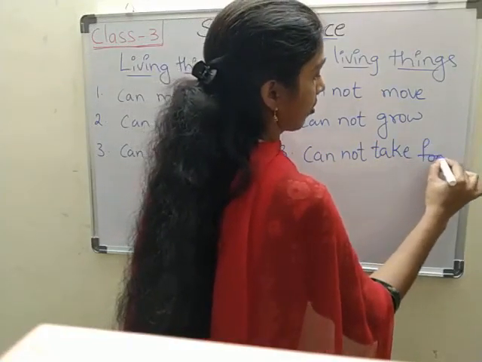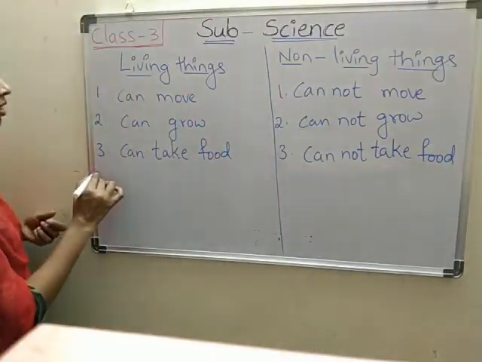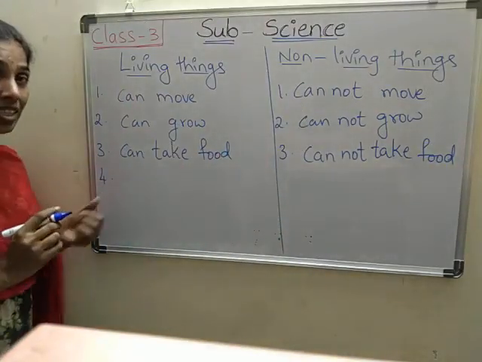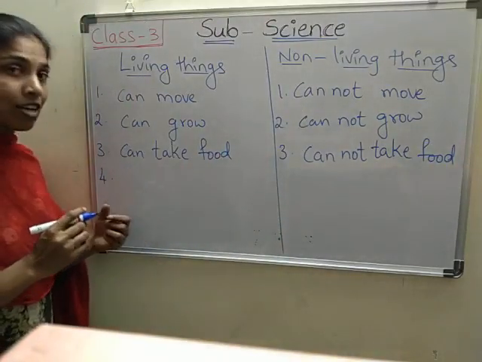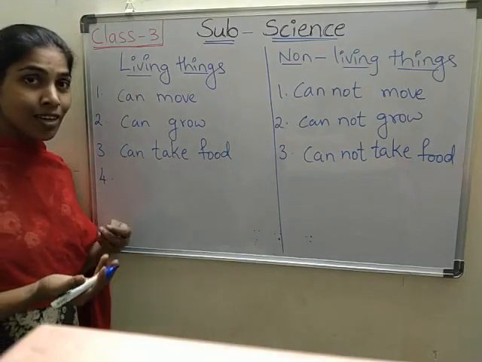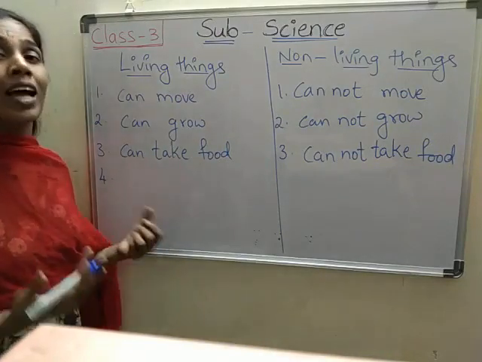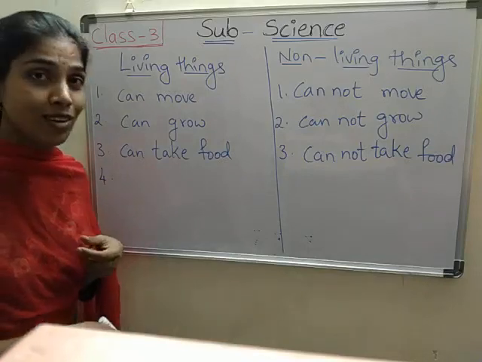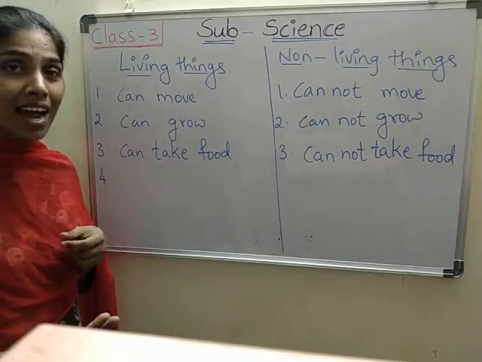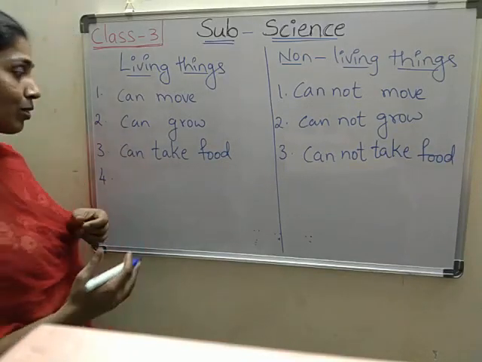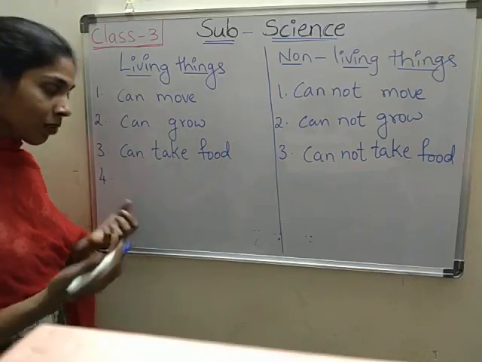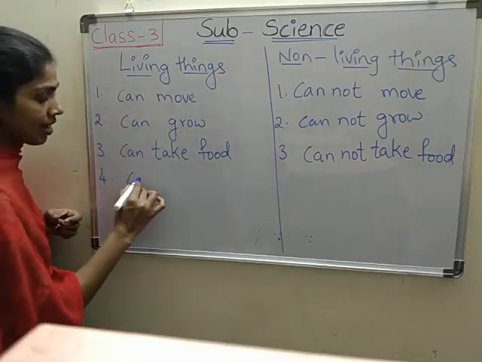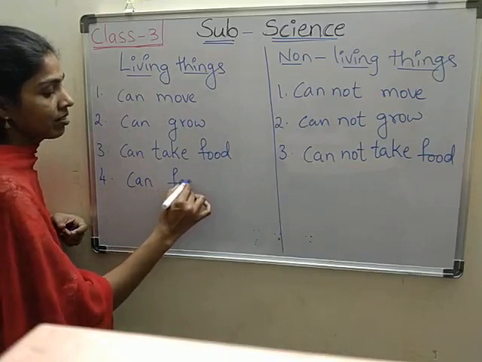Now tell me, children, can living things feel? We learned in the previous class, right? We have sense organs, right? Sense organs help us to feel changes around us, like happiness and sadness. So, different feelings. Living things can feel.